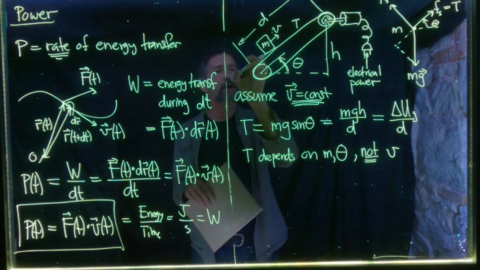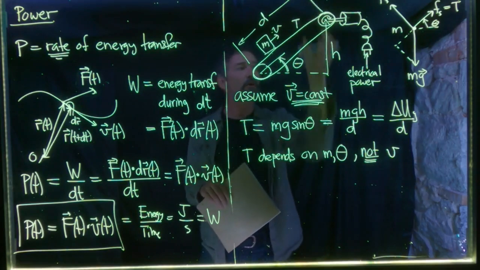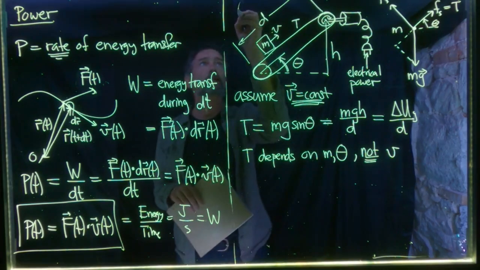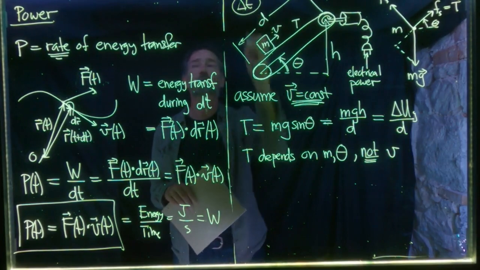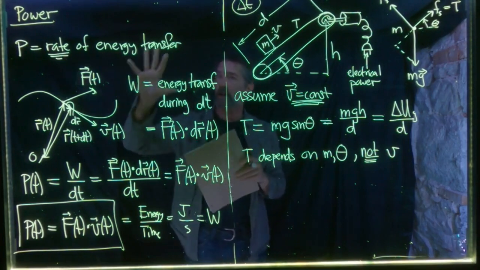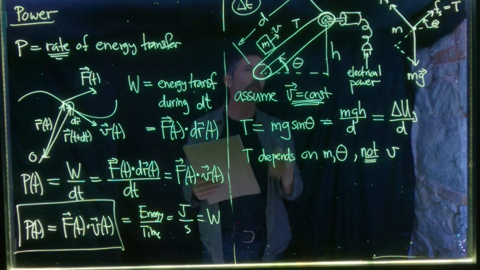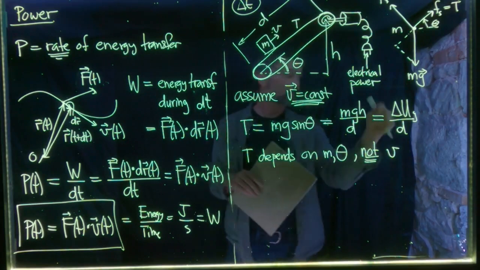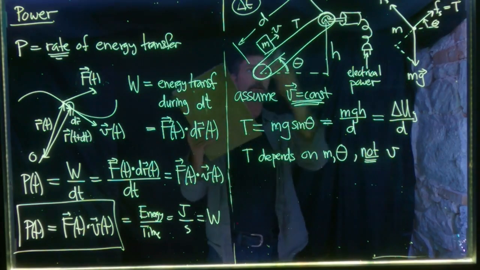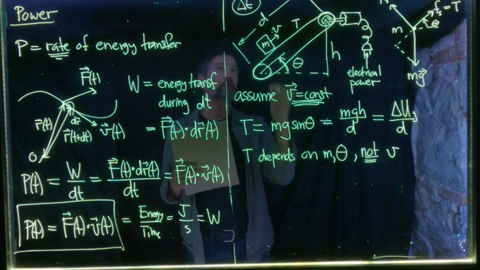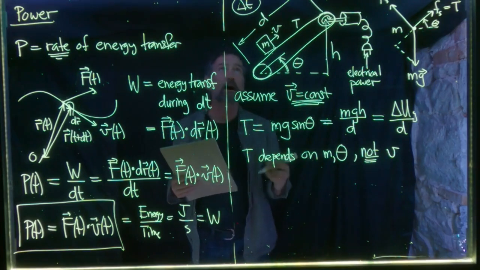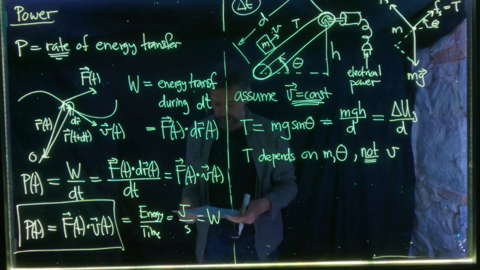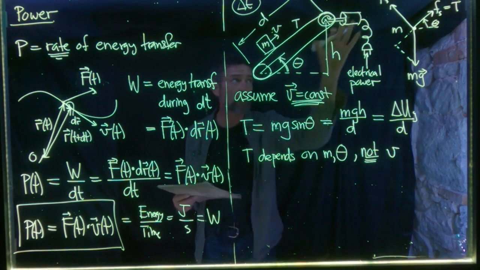Okay, so now what we want to do is suppose that we would like to raise this mass from down here up to here through this height h during a time delta t. That's the crucial thing. Power is the rate of energy transfer. The amount of energy transfer is, of course, delta U gravity. That's the amount of energy that we're transferring. And then we want to figure out, well, what is the time that takes? Shorter time will require a more powerful motor.